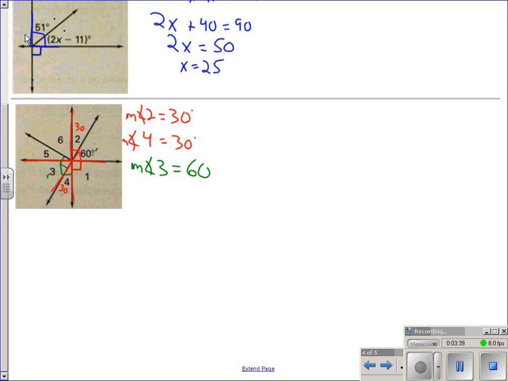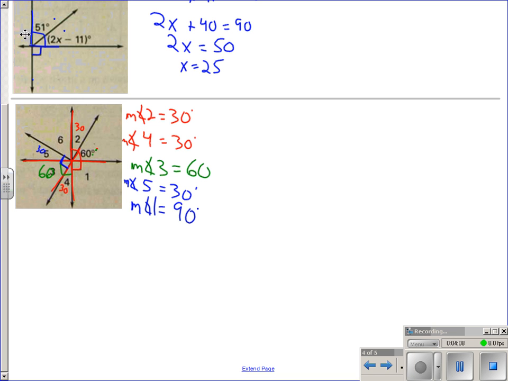Now, with angle 3 being 60 degrees and that being the 90-degree angle you were given, angle 5 has to be 30. And what do we have left? Angle 1 you're given; that's 90 degrees, the right angle notation. All we're left with is angle 6.